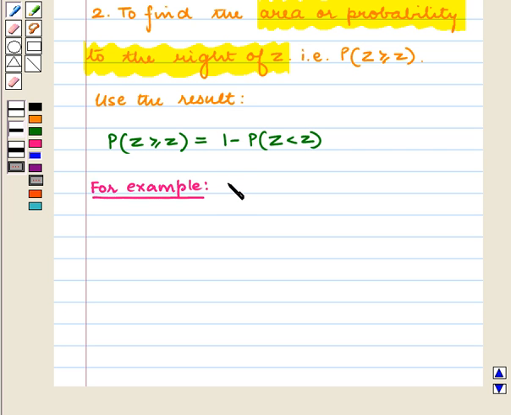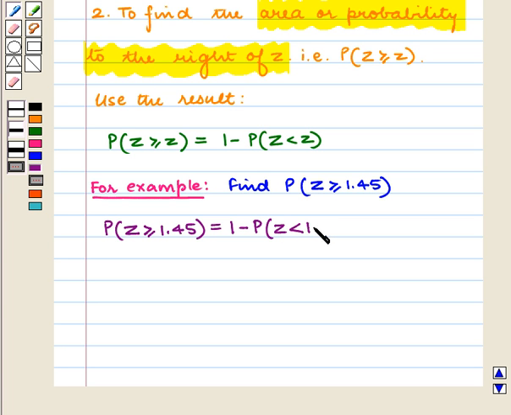For example, if we want to find the probability of z greater than equal to 1.45, we get 1 minus probability of z less than 1.45. So this will be equal to 1 minus 0.9265, which is equal to 0.0735.